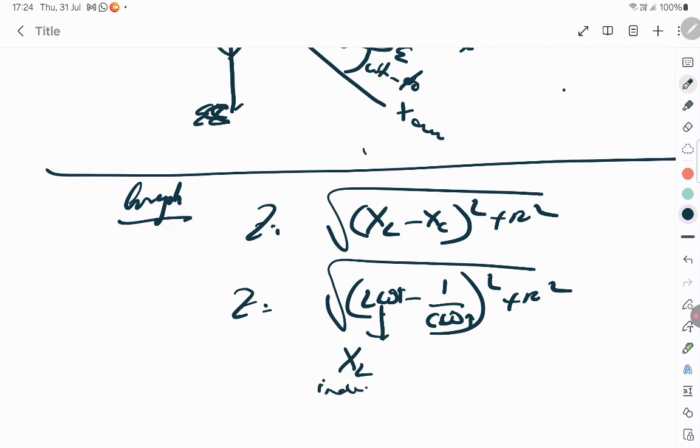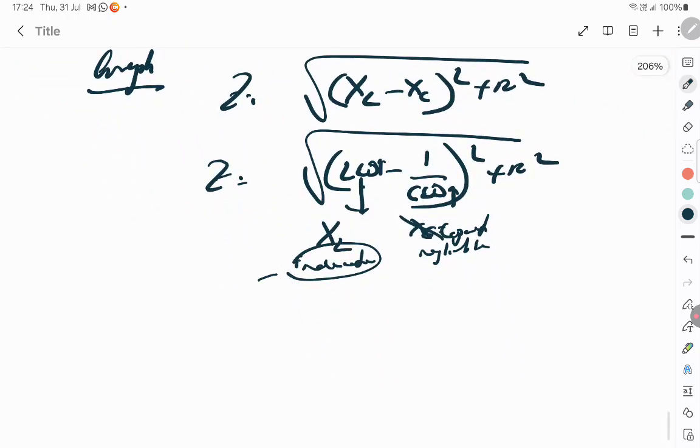But at high frequency, capacitive reactance XC is becoming negligible, approaching zero. So for a high omega, inductance is dominating.